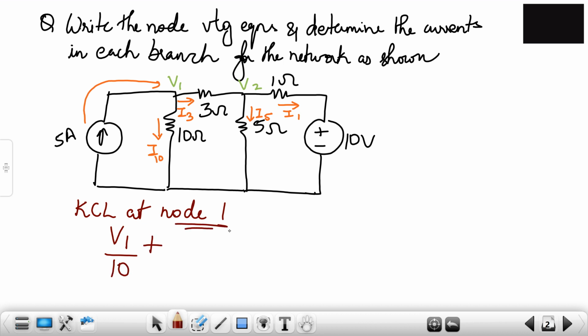We are taking respect to node 1, right? So V1 minus V2 upon 3. And what is the current source that is given? 5. So KCL at node 1 will be V1 upon 10 ohms plus V1 minus V2 upon 3 ohms equal to 5 amperes. That is your first equation.